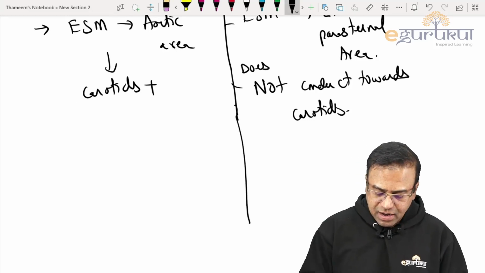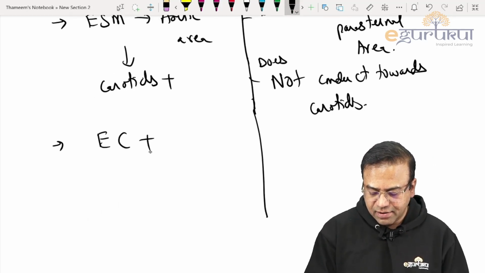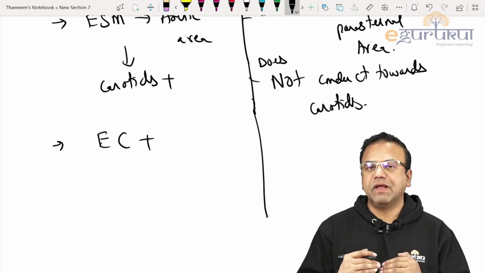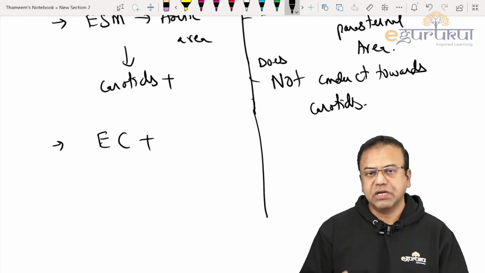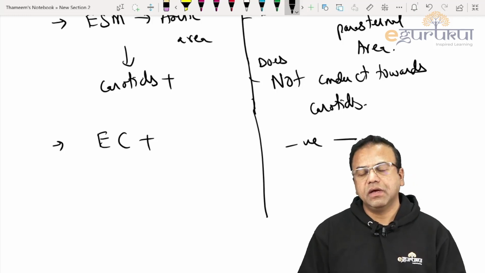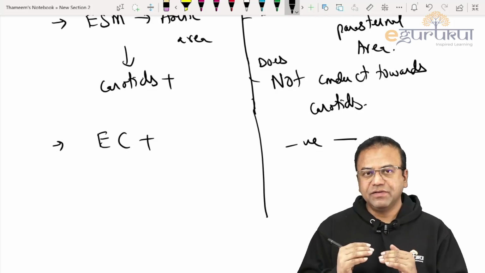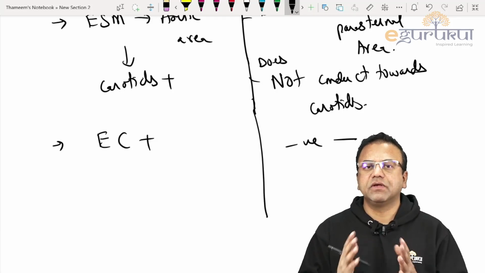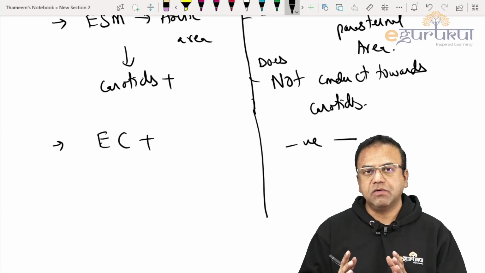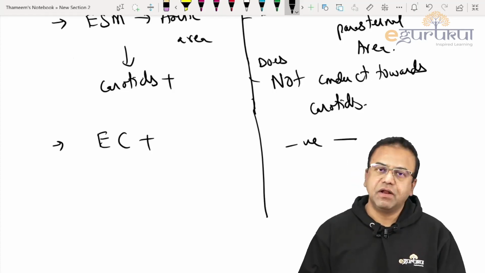The other associated feature is the presence of an ejection click, which tells you this is a damaged valve that is opening with a sound. You cannot get an ejection click in HOCM because the valve is normal, the problem is below the valve. You will not get that in patients with subvalvular pathology.